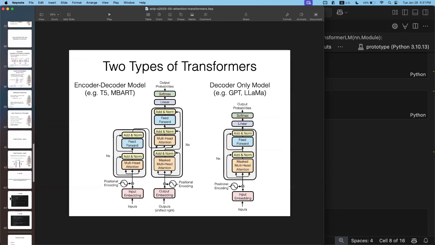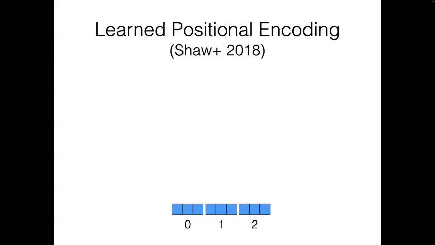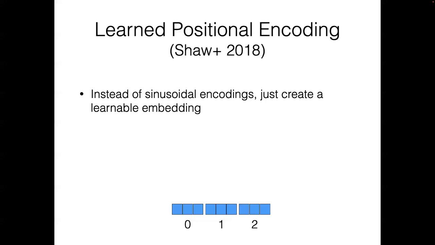So let's go here. I actually already showed you this in the code. But one thing you can do, instead of dealing with the sinusoidal encodings that we were talking about before, is just have a learned embedding vector. You take every potential position up to some maximum, and then you just learn one vector per position.